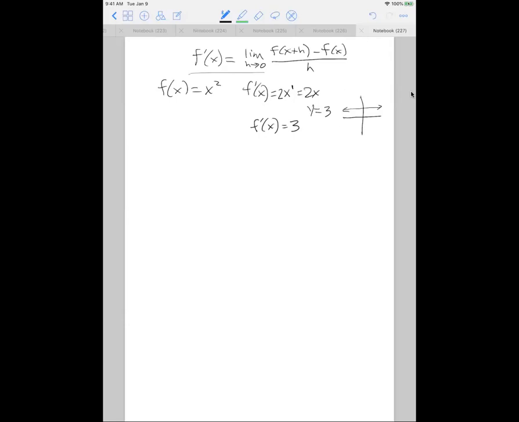If f of x equals 3, then f prime of x is equal to 0. That's saying y equals 3, then the slope, the derivative, is equal to 0.